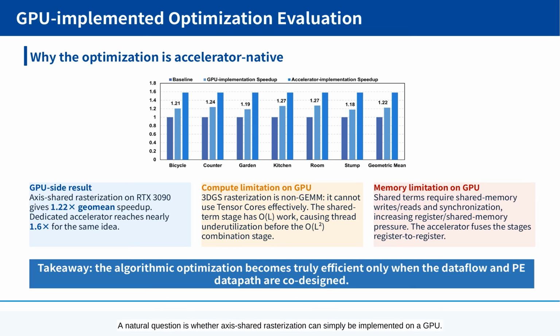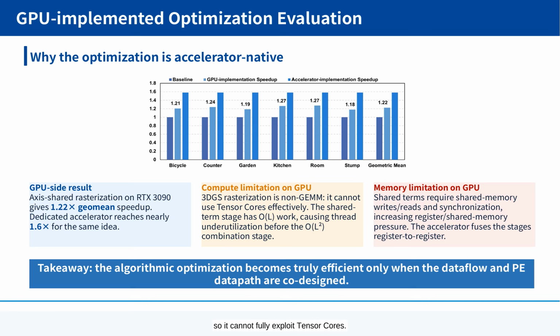A natural question is whether axis-shared rasterization can simply be implemented on a GPU. On an RTX 3090, the GPU implementation gives only 1.22 times geomean speedup, while the dedicated accelerator reaches nearly 1.6 times for the same optimization. The reason is that 3DGS rasterization is not a GEMM-like workload, so it cannot fully exploit tensor cores.